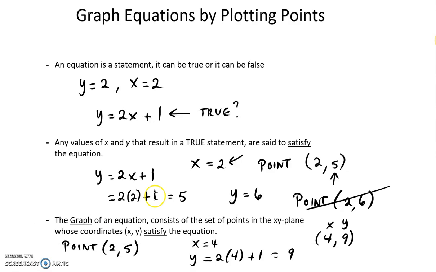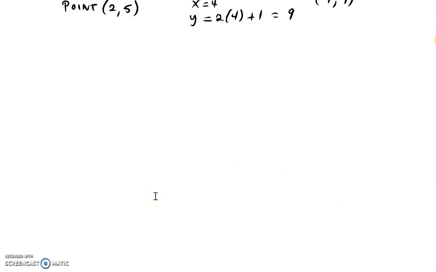Okay, so let's try a quick example. What we want to do is take an equation and find enough points to where we can graph those points to give us an accurate description of the graph. So let's go ahead and graph y equals 4x plus 2.